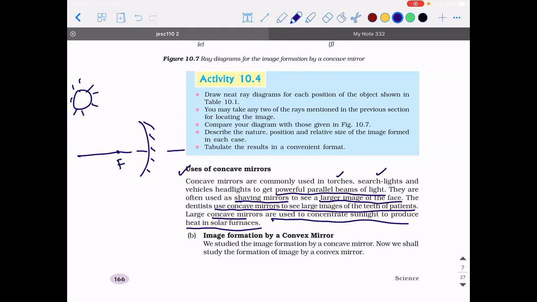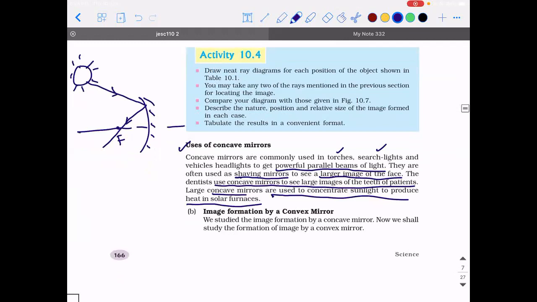So when you place these large concave mirrors in front of sunlight, all the light and heat will get captured at the focus, as a result of which they can produce heat in solar furnaces. So these are the applications of concave mirrors because of their real nature. Similarly, convex mirrors, because of their property of forming virtual images, have different kinds of applications.